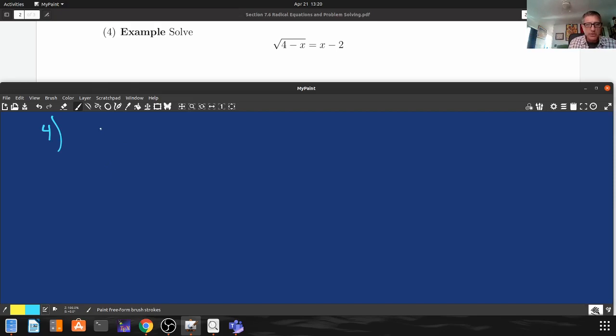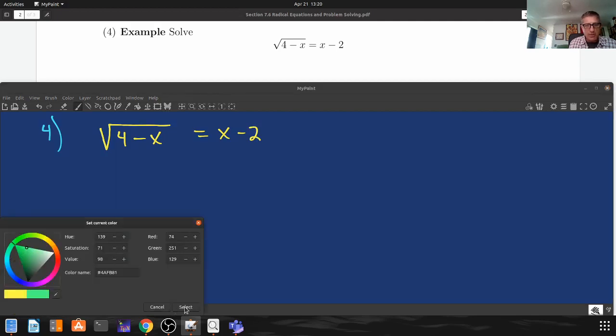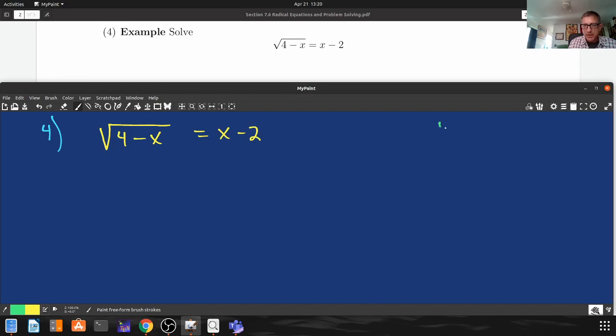So let's do the square root of 4 minus x is equal to x minus 2. So again, I'm going to square both sides, but let's just take a quick look at what my solutions have to be. 4 minus x has to be greater than or equal to 0. So that means 4 is greater than or equal to x, or if you want, you can say x is less than or equal to 4.